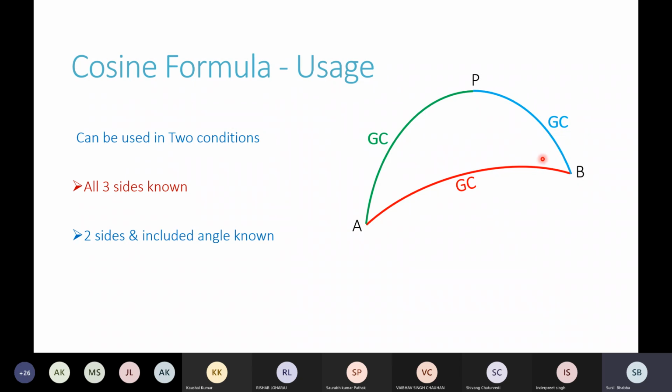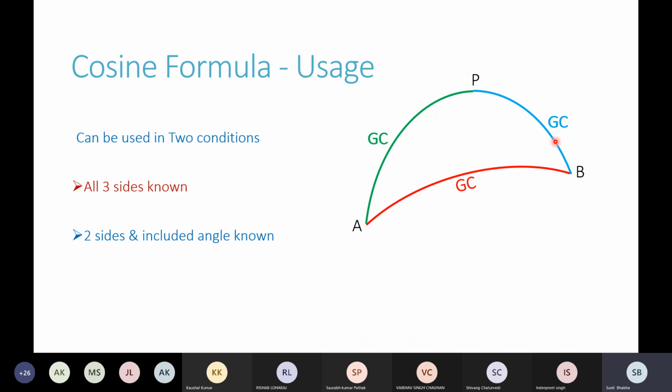Again, if angle B is known, same thing happens. Angle B is not the included angle, and we will not be able to use the cosine formula here. So it is very important that we know any two sides of the triangle and the included angle for the cosine formula application.